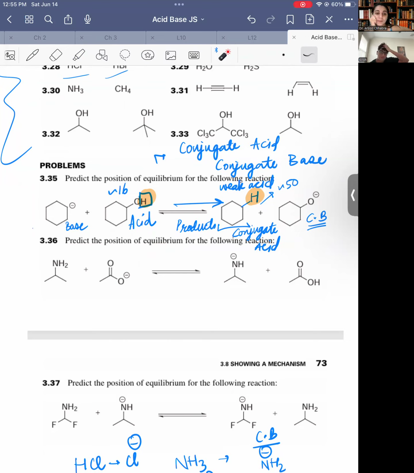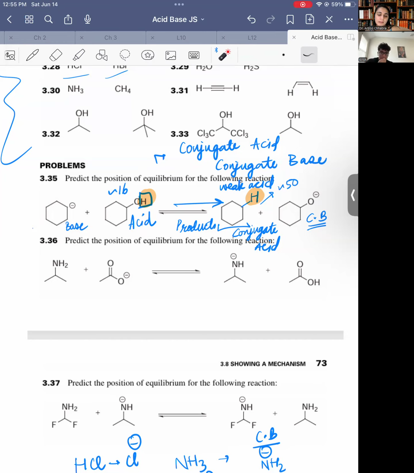The textbook literally just said compare the two bases, and whichever base is more stable, the reaction goes in that direction. The base or the conjugate base? I mean, they're both bases. This base versus this base: you compare which one is more stable based off the atom, and if it's more stable, it's a weaker base.